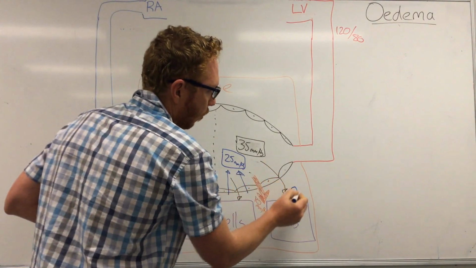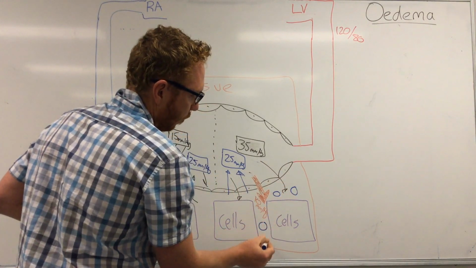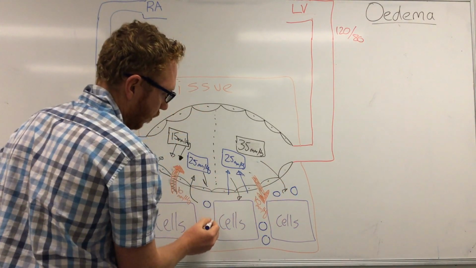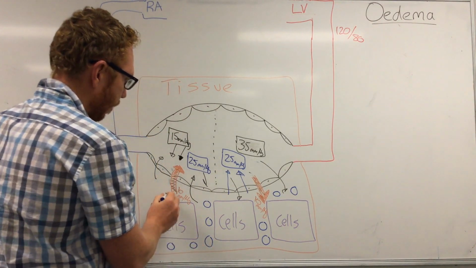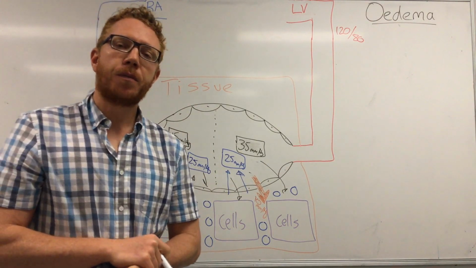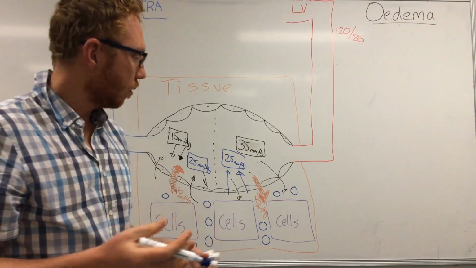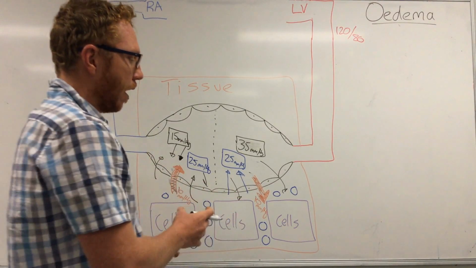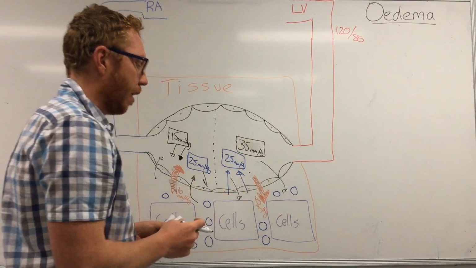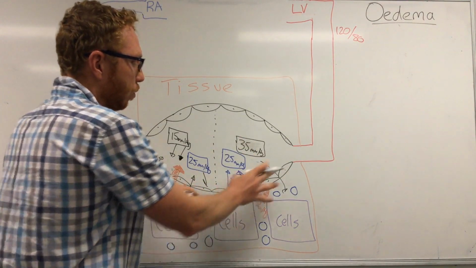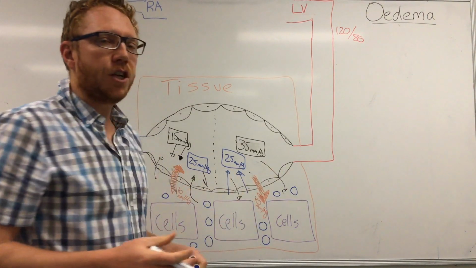So some plasma proteins will escape into this space like so. These plasma proteins could be albumin, fibrinogen, and the gamma globulins, or the globulins. So these are the big proteins within the blood. Some of it will escape out, so some of that will remain in the tissue.